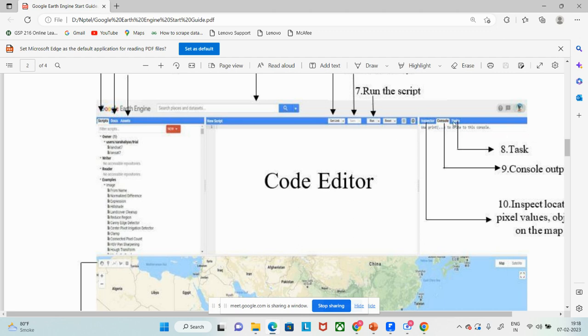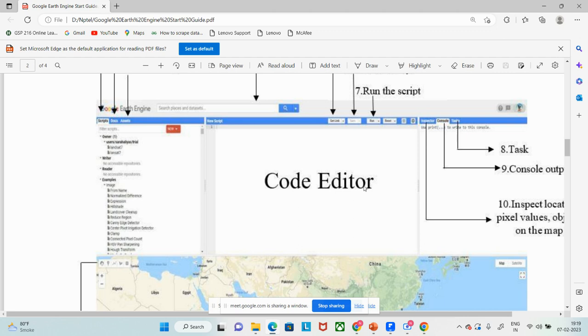And eighth is tasks. After analysis, if you want to save any image, any small portion of an image or the full image, you can download it from the tasks section after you have written code for downloading it. Or you can save the CSV, and all these things go to your Google Drive.